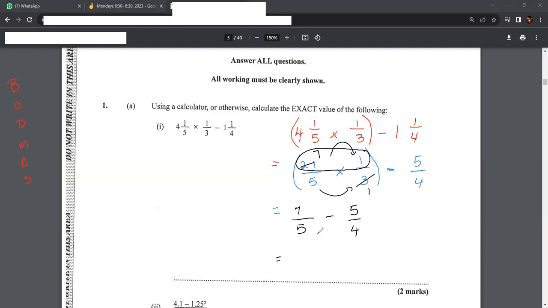My LCM of 5 and 4 is 20. So whatever I do to the bottom to make this 20, I must do it to the top. Same number I multiply by, I have to do top and bottom. Whatever I do to the bottom here to make this 20, 4 times 5 is 20, I must also do it to the top.